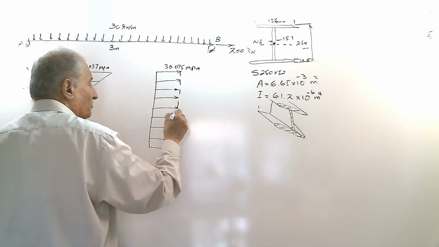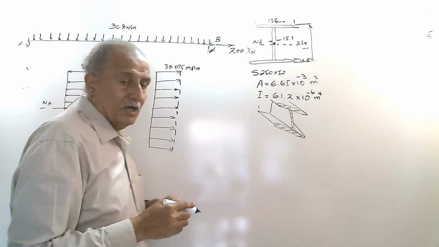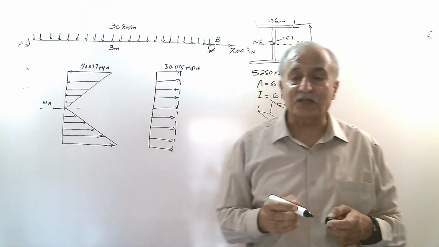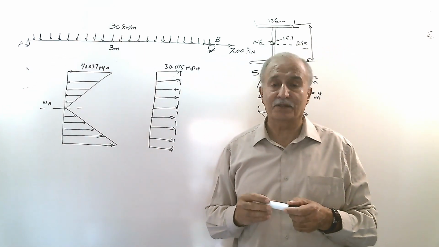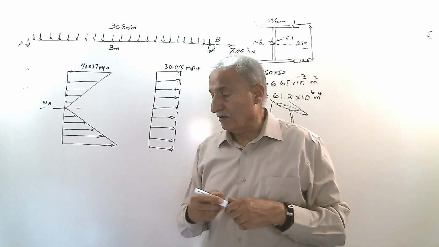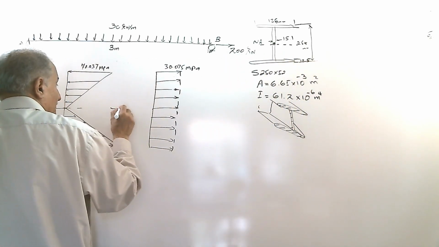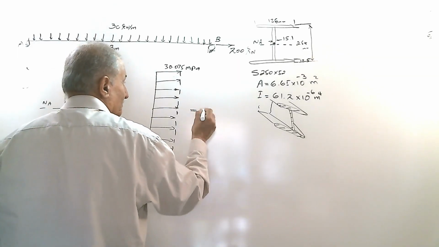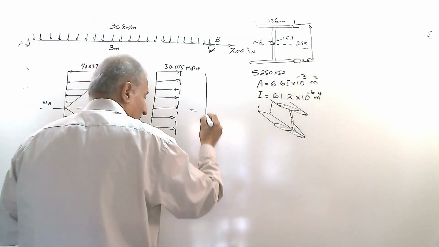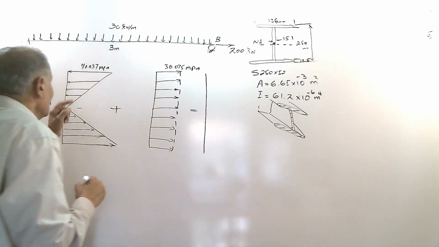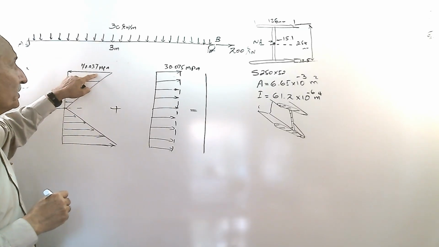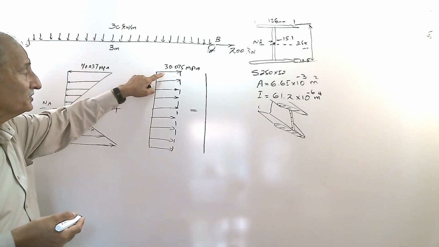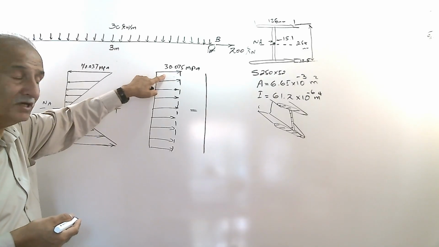Okay, what happened inside the material? This axial stress inside the material combined together. And what's the result? Show it. Another cross section. These two, this is compressive, negative. You consider this tensile, positive.